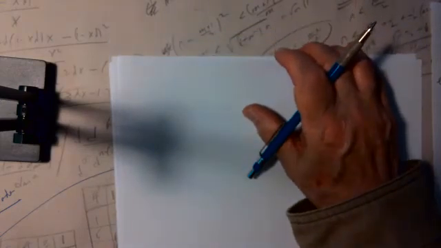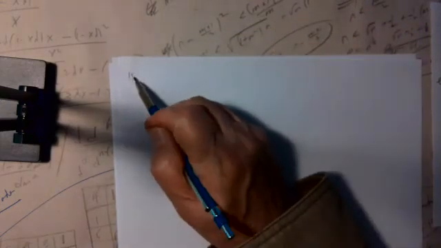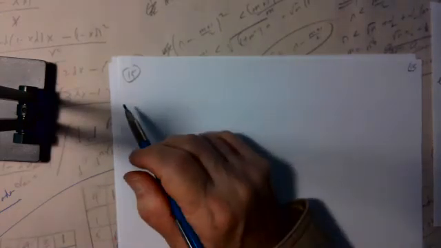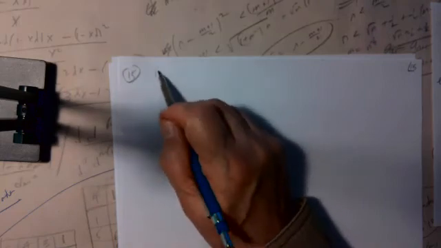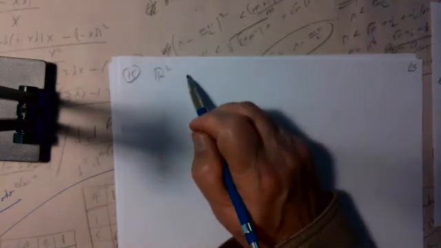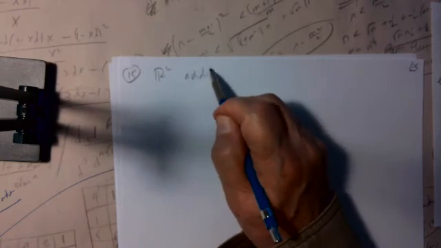Let's look at problem 15. So R2 is an additive group of vectors.